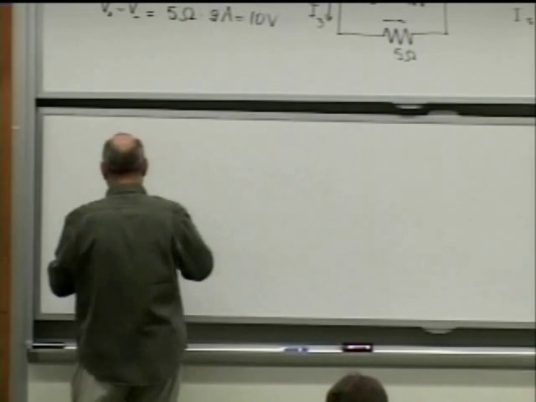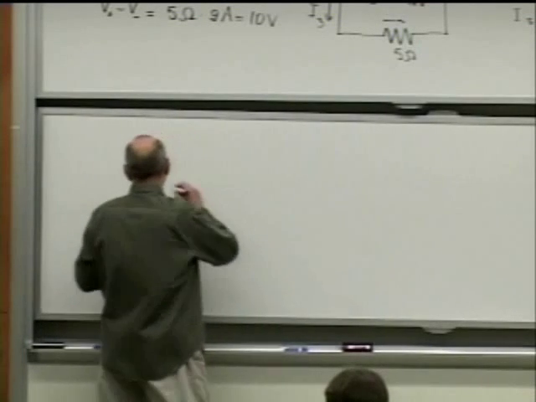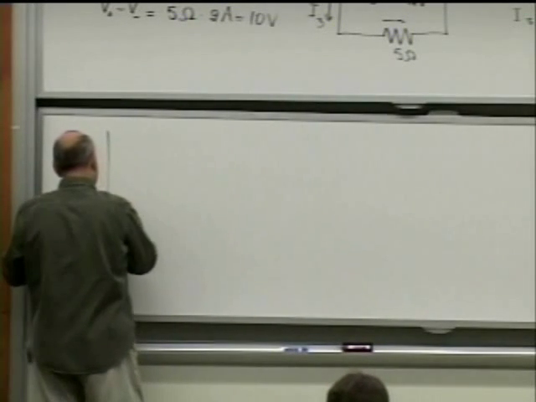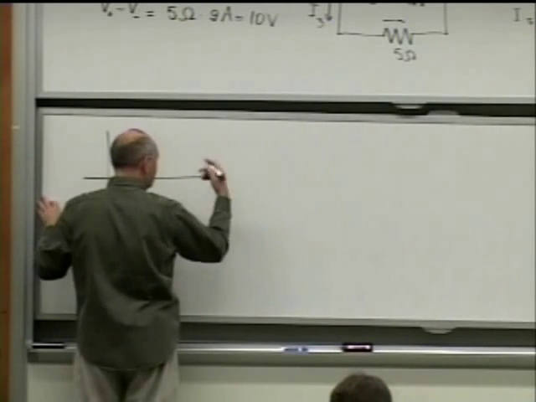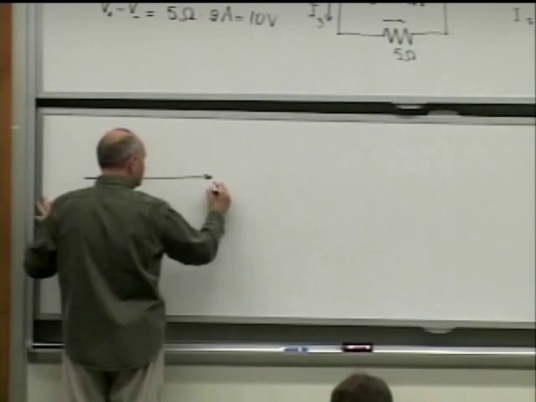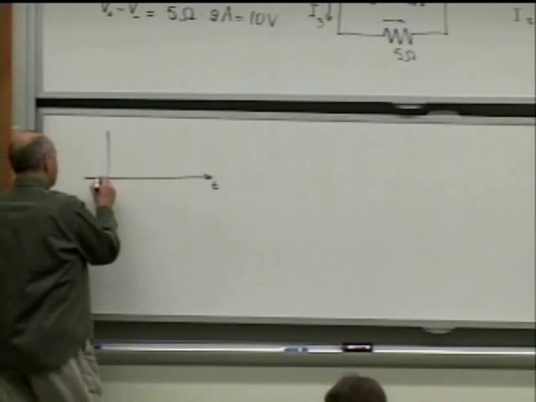So what we are going to do is we have a potential difference produced by the source of electromotive force, which toggles between two values.